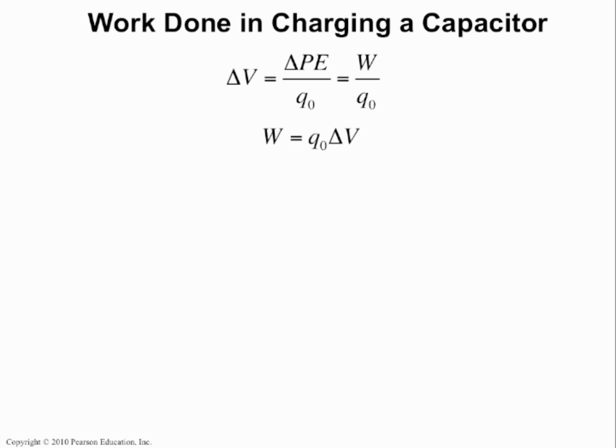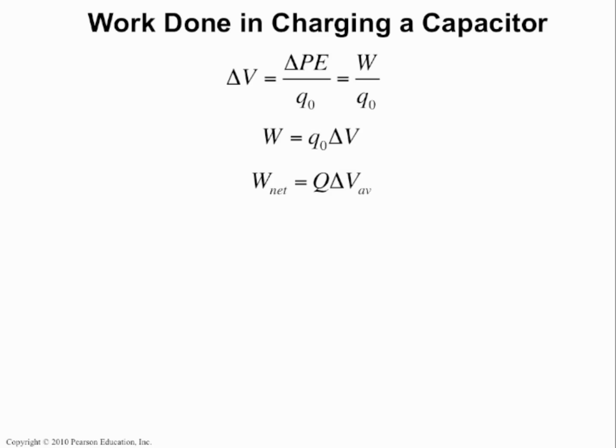Now, if we are looking at the overall work, or the net work, in charging the whole capacitor, we have to keep putting little Q₀s onto a plate until the overall big Q is reached. That's going to involve an average potential difference, simply because in the beginning, when there's very little charge on the plates, there's very little potential difference between them. As more and more charge builds up on the plates, more and more potential difference also builds up between them.